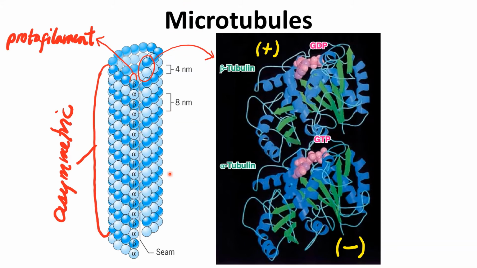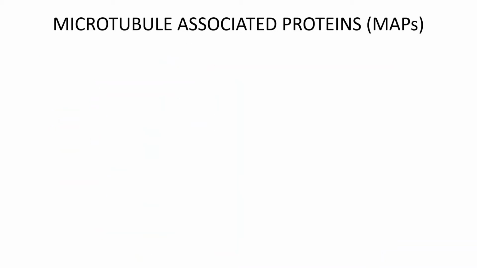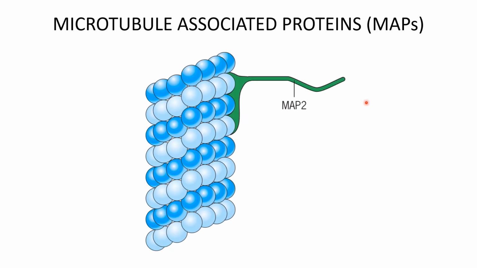There's a negative end and a positive end, and that is very important in terms of how the microtubule works with motor proteins. And then we also have the microtubule associated proteins, which understandably associate themselves with the components along the length of the microtubule, as we see here.